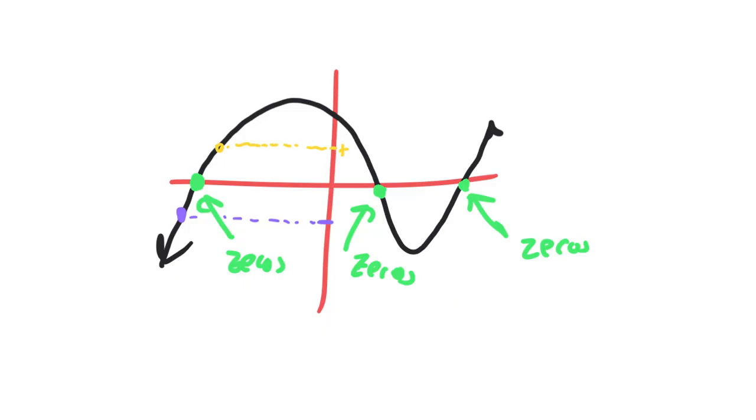So that's positive, right? That's negative. Well, in order to switch from a negative y coordinate to a positive y coordinate, doesn't it make sense that we had to have passed through the x-axis? So that means that there had to have been an x-intercept between the purple point and the yellow point.